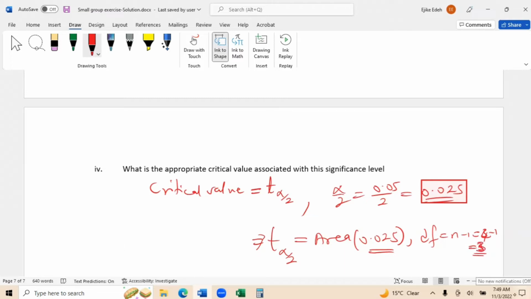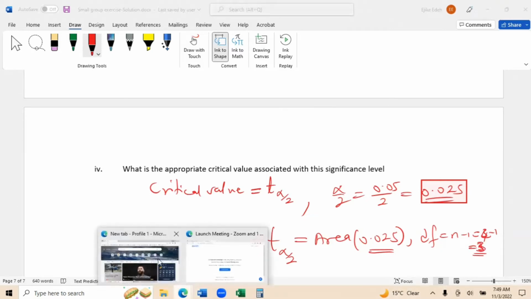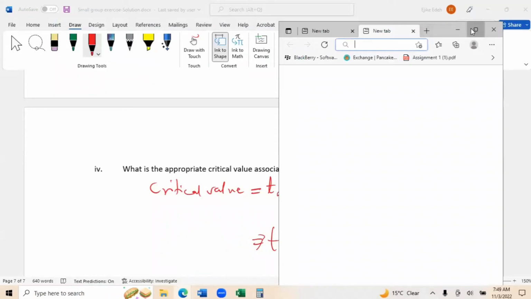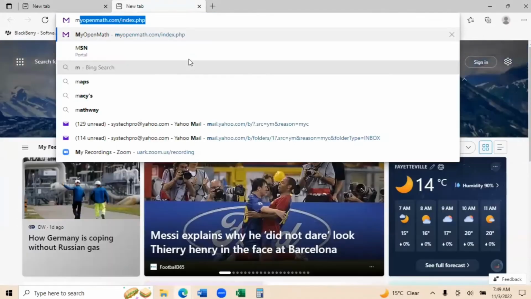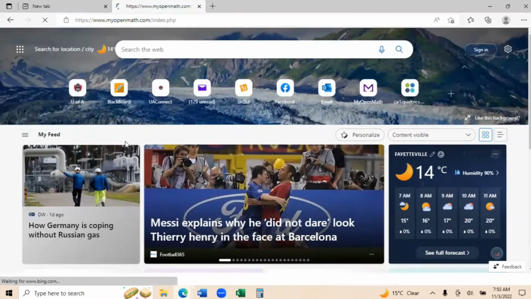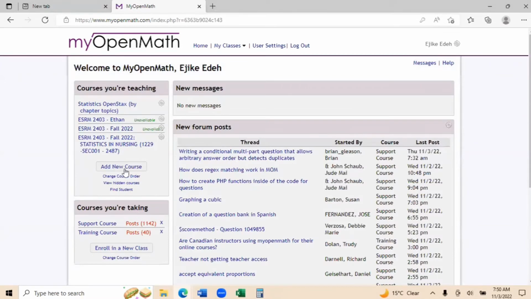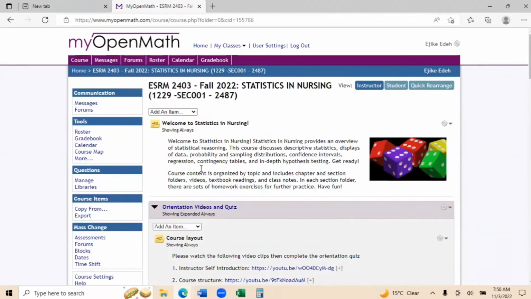So let's go to our T table now. I don't know if I have one. Let me go to the course website. I think we have one over there. Let's see if we can pick up a T there.